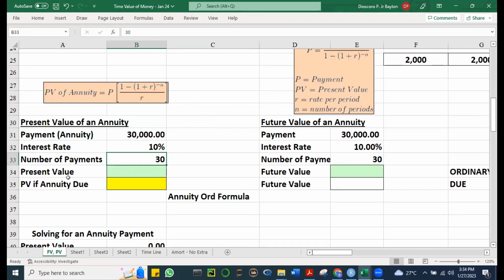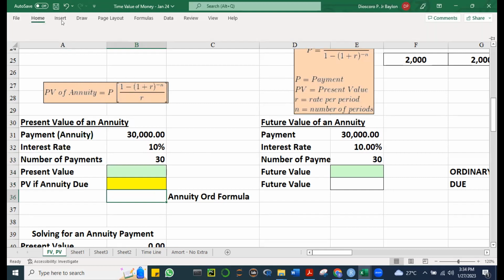So get the present value of an annuity ordinary or annuity due. Use the PV function. Do not use the NPV function, because to use the NPV function, you will have to plot out the 30,000 for 30 years. So we just use the PV function and then use the formula, this one. So there are 3 ways to do it.